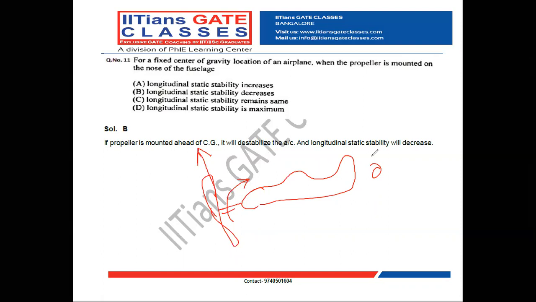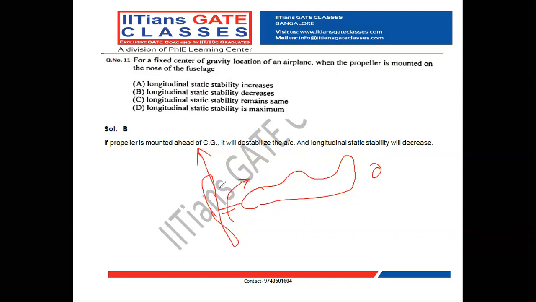Which means as angle of attack increases, pitching moment coefficient increases. Thereby, it produces a destabilizing effect. Since the propeller is mounted at the front, there is no change in CG.